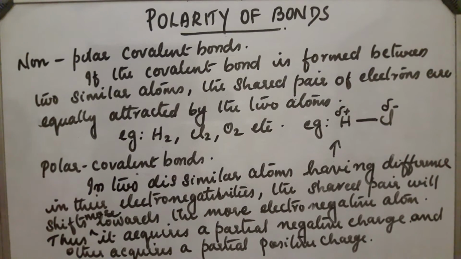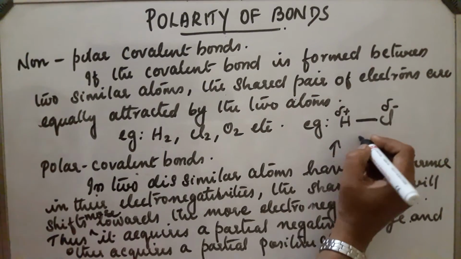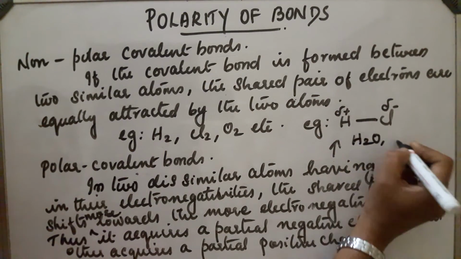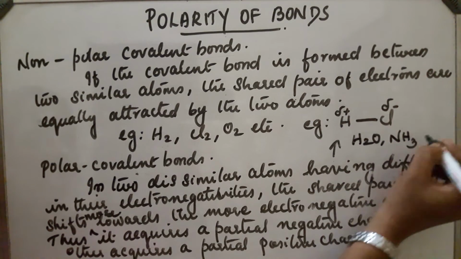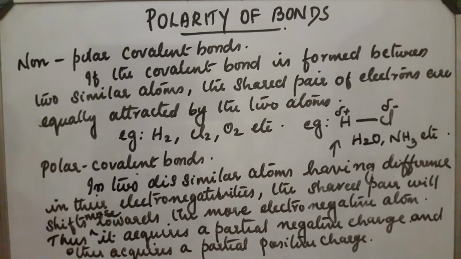As a result, such molecules get a partial ionic character. Due to the difference in electronegativities, this molecule gets a partial ionic character. Such covalent bonds are called polar covalent bonds. Other examples are H2O, NH3, etc.